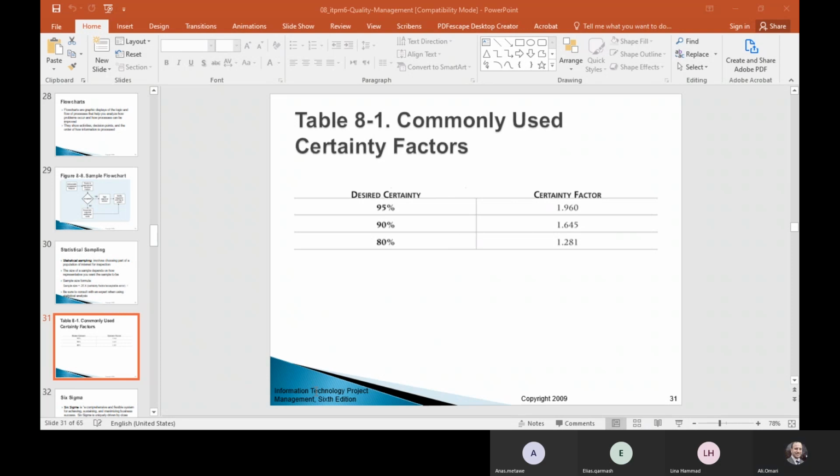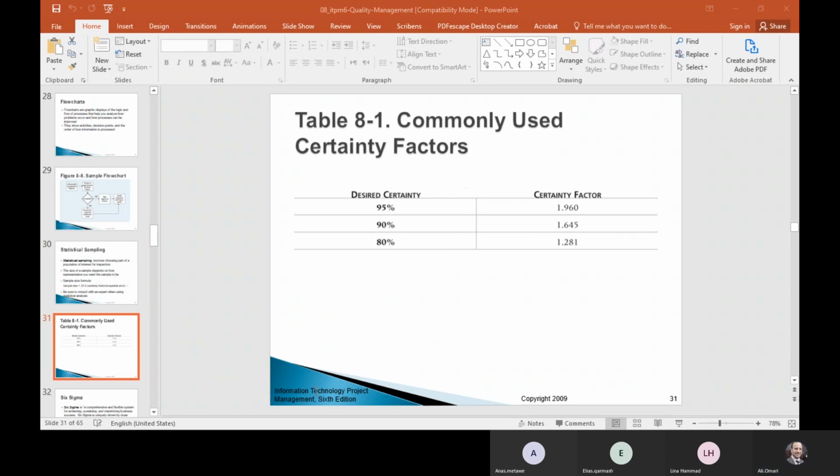If I want to be less certain, I will take a lower certainty factor, which is if I want 90%. Then I apply the 1.645 certainty factor into the equation. I will take a smaller sample, which in case if I do the calculation, it will be 68.